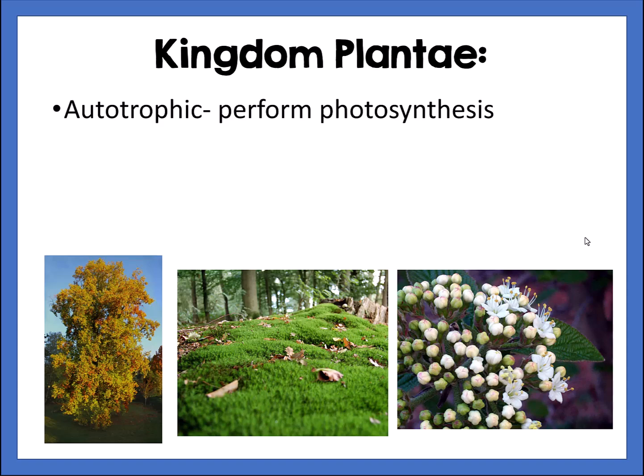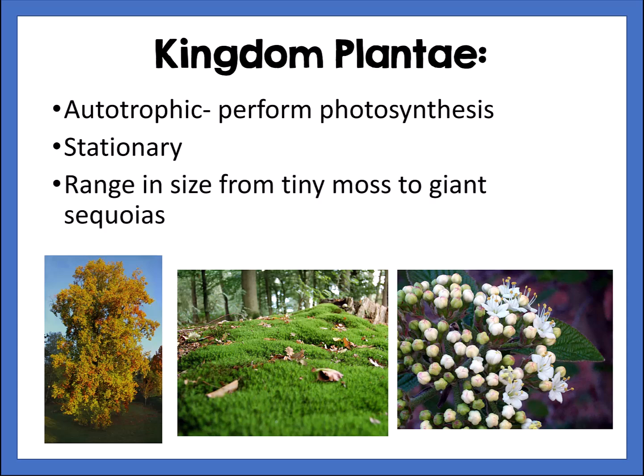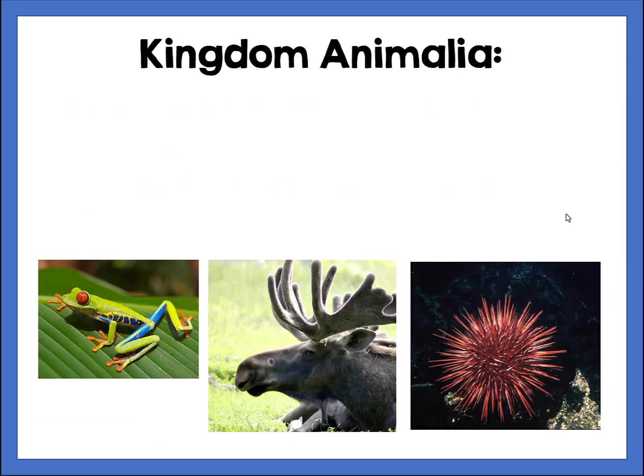Kingdom Plantae is autotrophic. They perform photosynthesis to make their own food. They are stationary. And they range in size from tiny mosses to giant sequoias. Kingdom Animalia are heterotrophic. They do not make their own food.